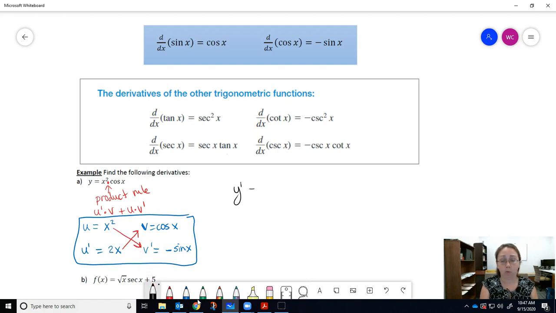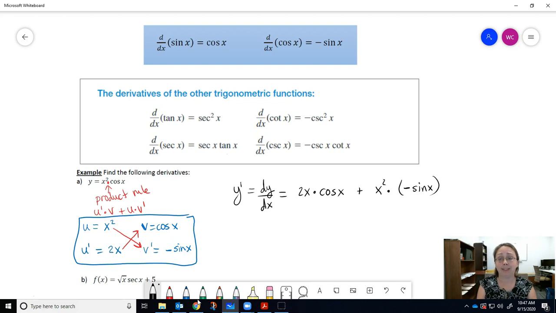So y prime, or you could write dy dx, the derivative of y is equal to, okay, according to product rule, I need my u prime times my v, that's 2x times cosine of x, plus u, that's x squared, times my v prime. Make sure you put parentheses because this needs to be a multiplication here.